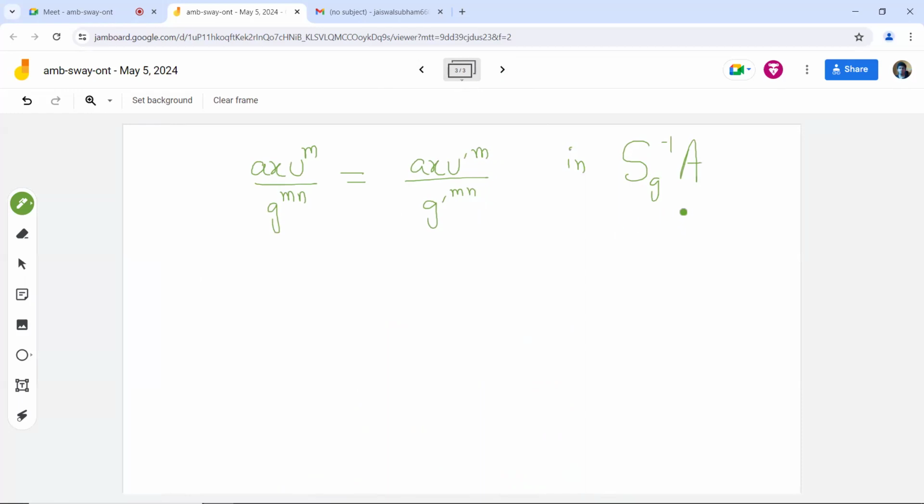And what is the definition? The definition is that we need to show that this minus this, times g to the mn times some invertible thing, some t, is equal to 0 in A, right?